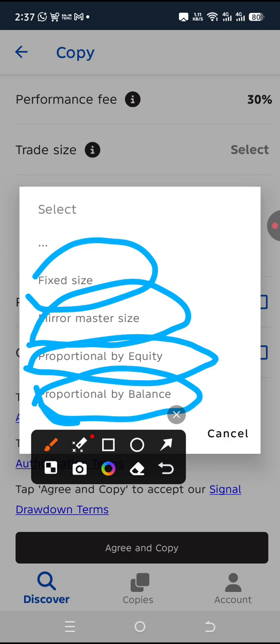Then fixed size, you have to know. Number one rule is the trader has to trade one particular pair. The trader also has to trade consistently. That means he does not change his lot size per trade. You know, some people are so good that when they trade a particular lot size now, they trade a higher one next, and so on and so forth.